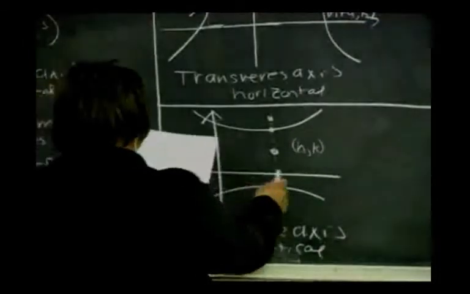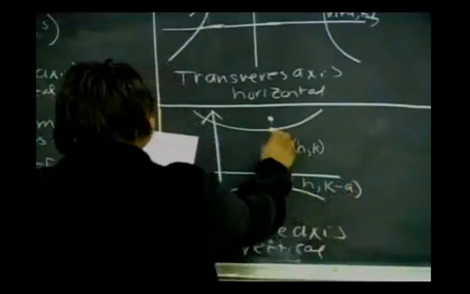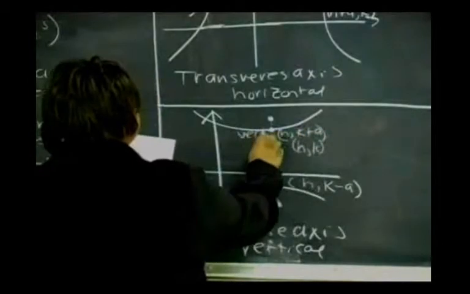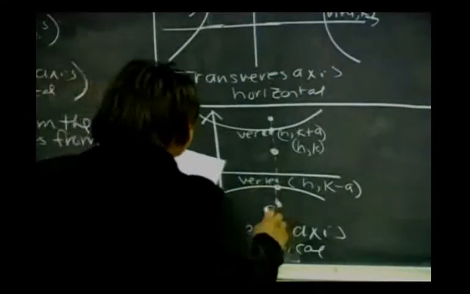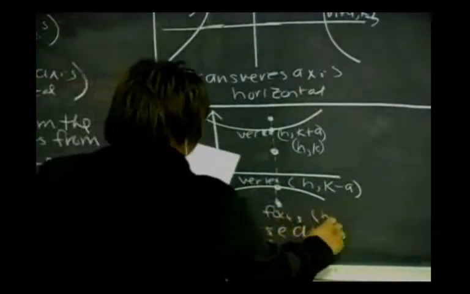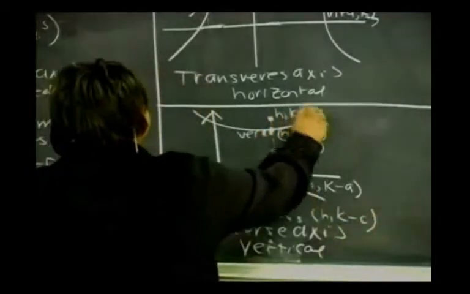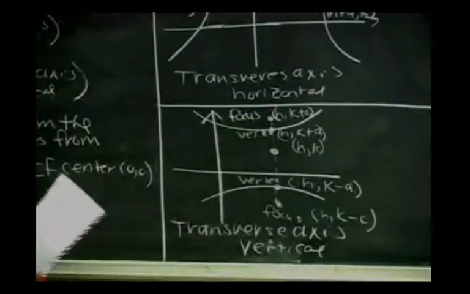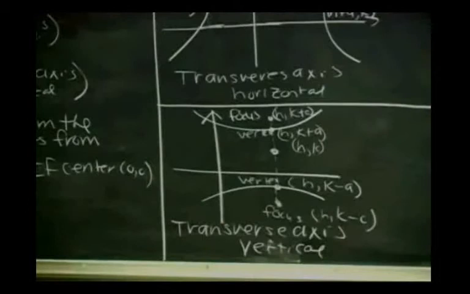So this vertex will be (h, k minus a), and this vertex will be (h, k plus a). The focus down here will be (h, k minus c), and this one is (h, k plus c). So if we know that center, and we find the vertices, pretty much you can draw a sketch.